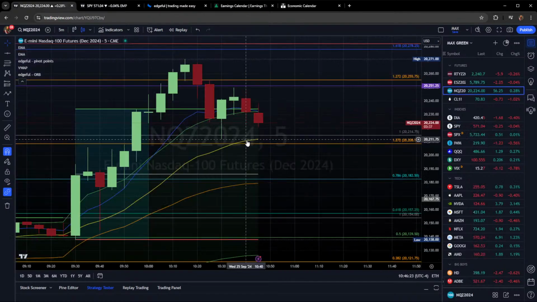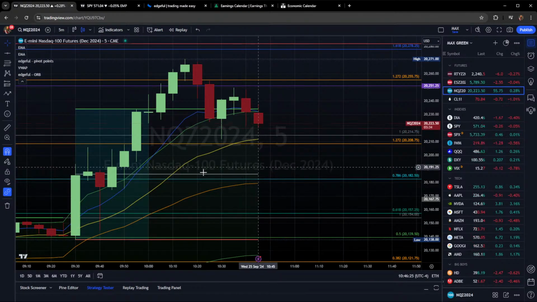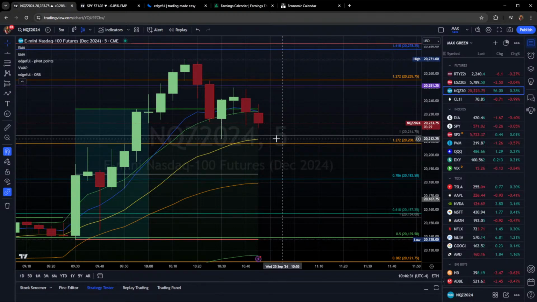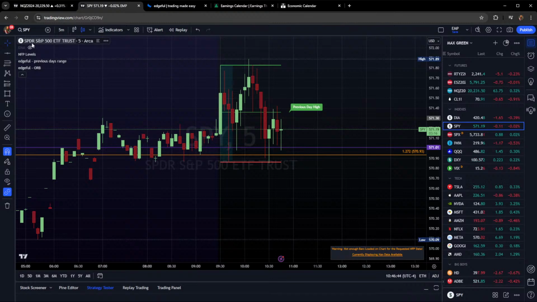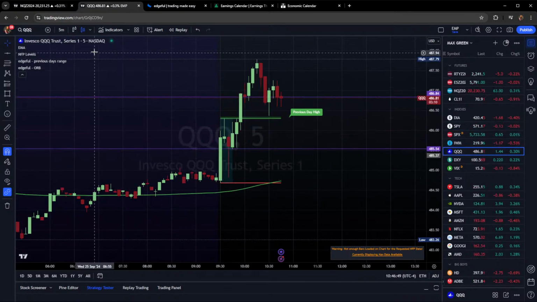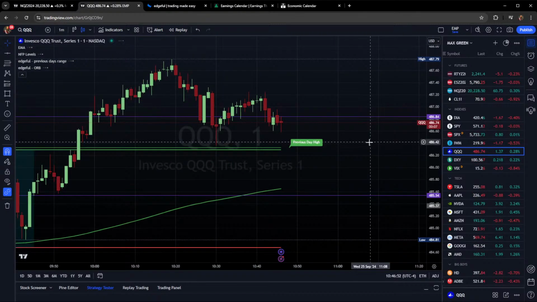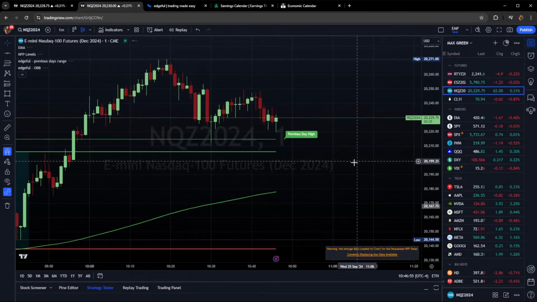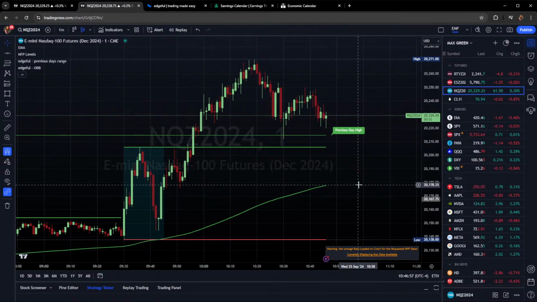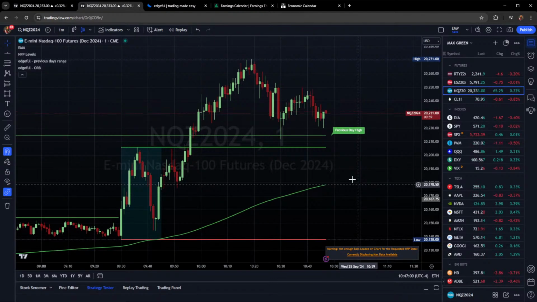There's still support here. Look where my 233 MA is, 178.